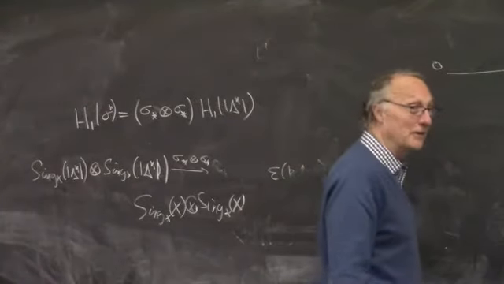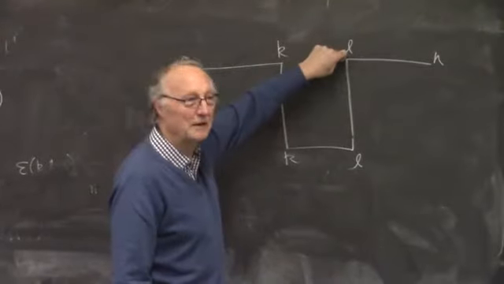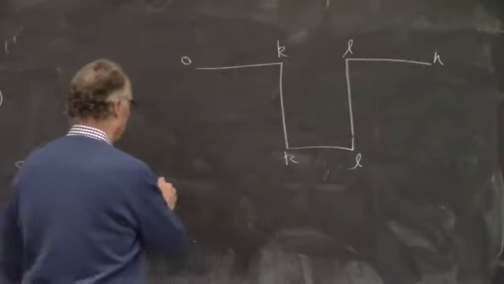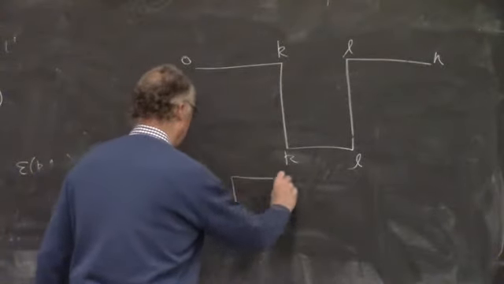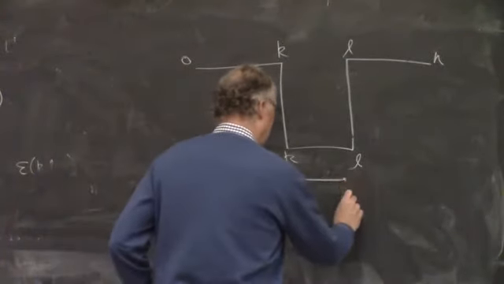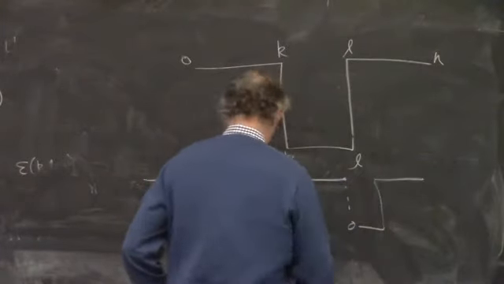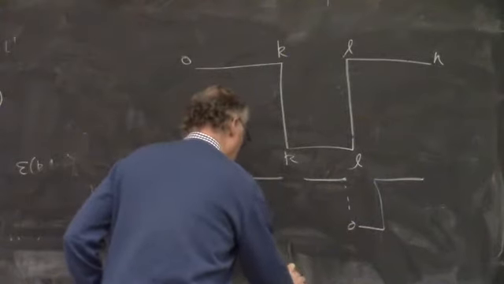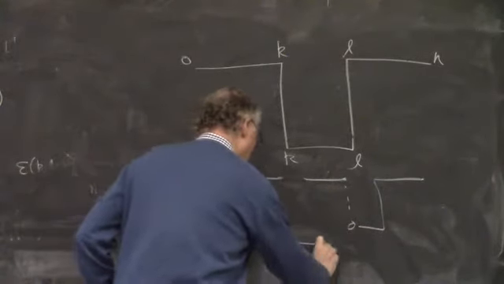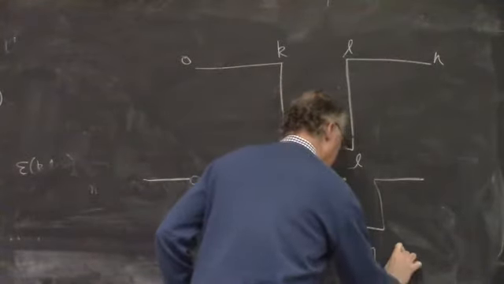The other thing I could do is leave out one of the copies of the repeated vertex. So there are 4 possibilities here. I could leave out this one, I could leave out this one, I could leave out this one, or I could leave out this one.